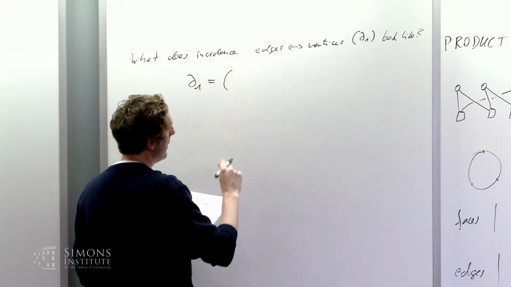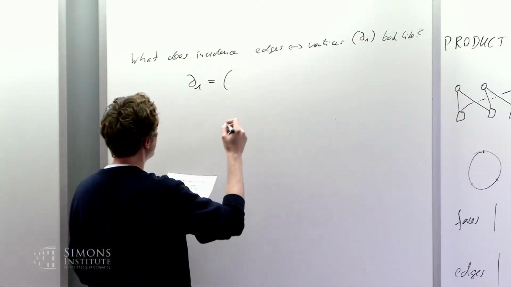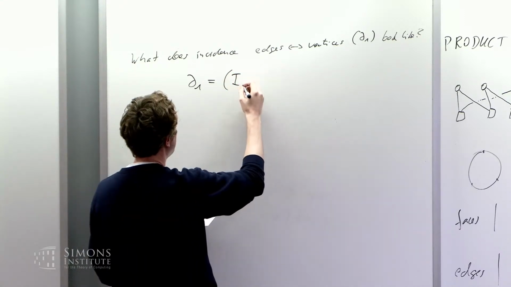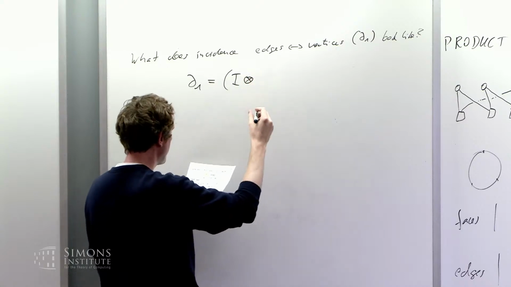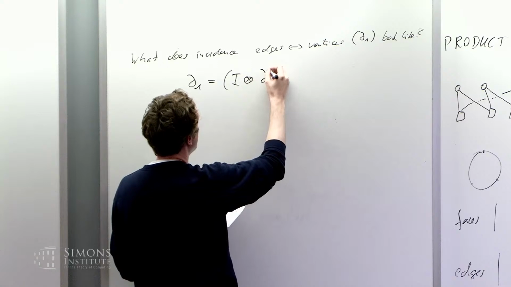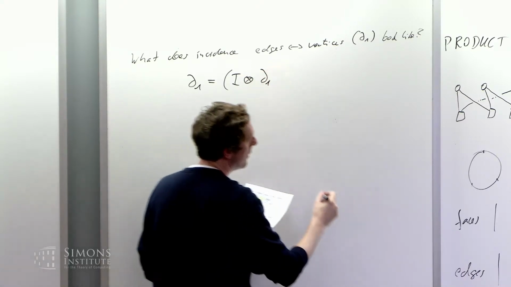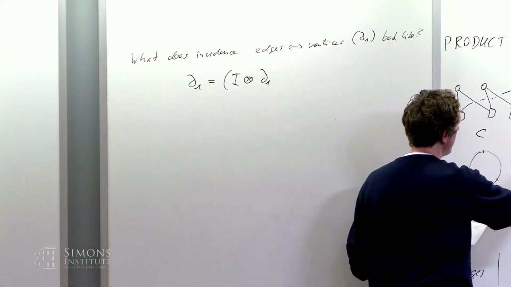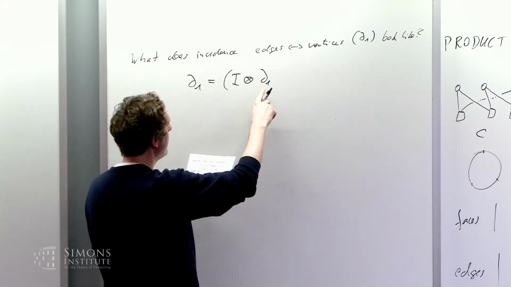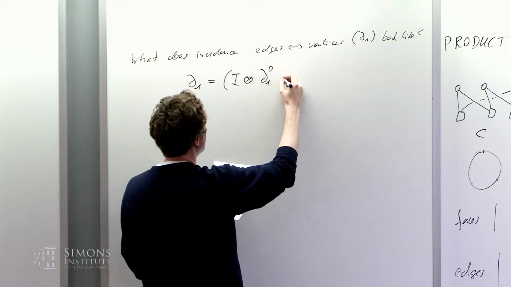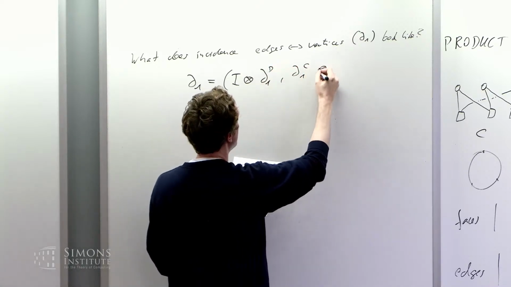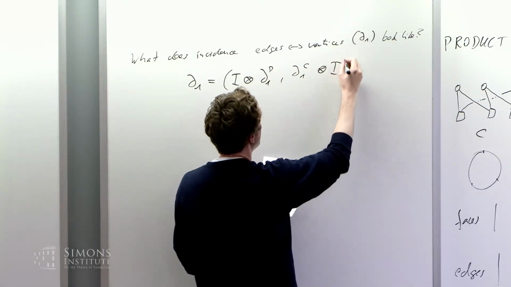It turns out that if I write this up, then I get a Kronecker product between the identity matrix and del 1 on the input vector. Let's call this C, and let's call this E. Then I get the incidence matrix or the parity check matrix of D, and then del 1 C tensor identity.